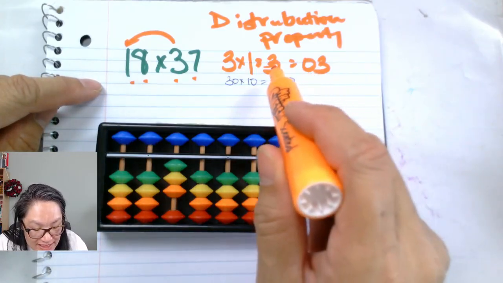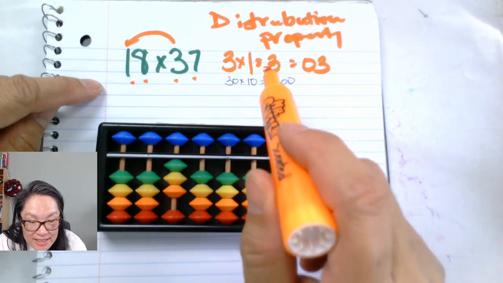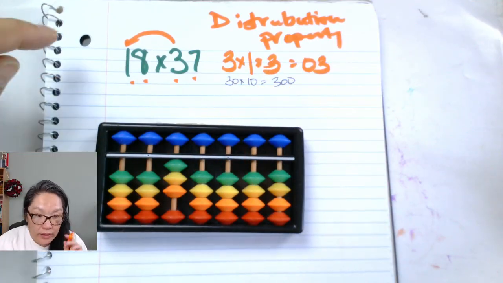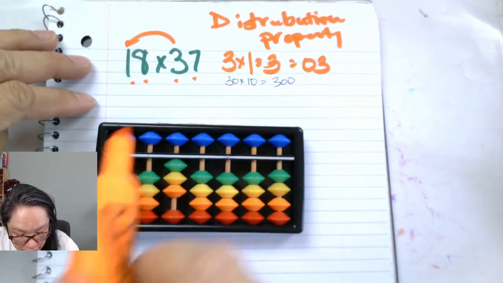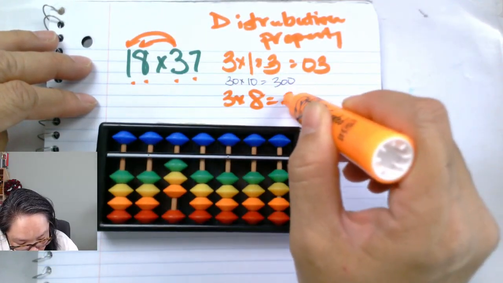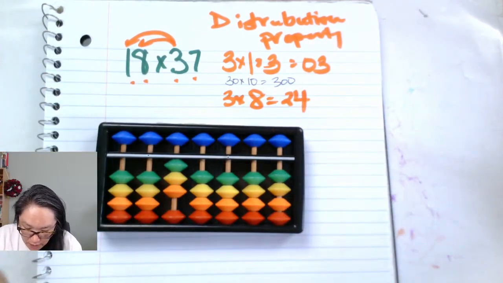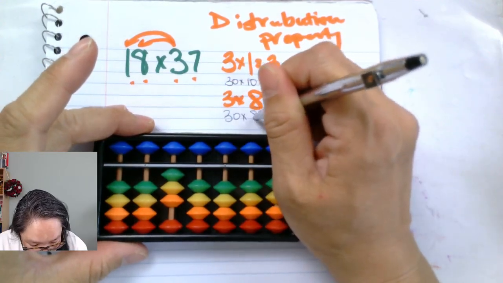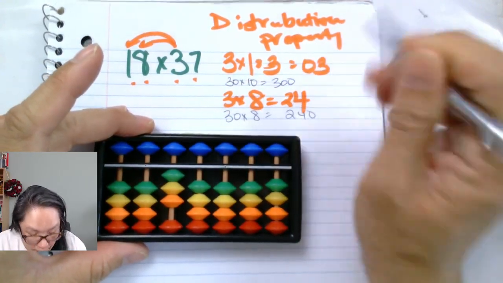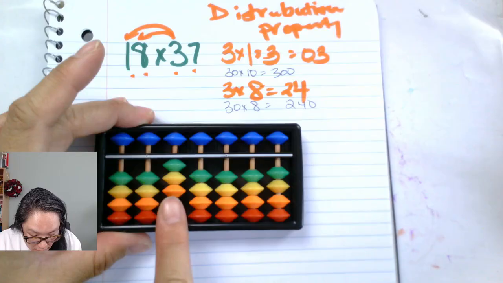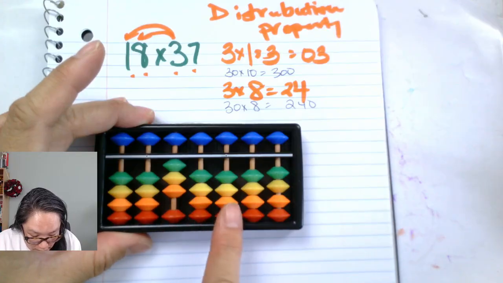If it's a single digit, you go back one column. That's one way to remember. Or make a single digit into a double digit. So then we have 3 times 8 is equal to 24. In mainstream math, we do 30 times 8 is equal to 240. But here, I go 2.